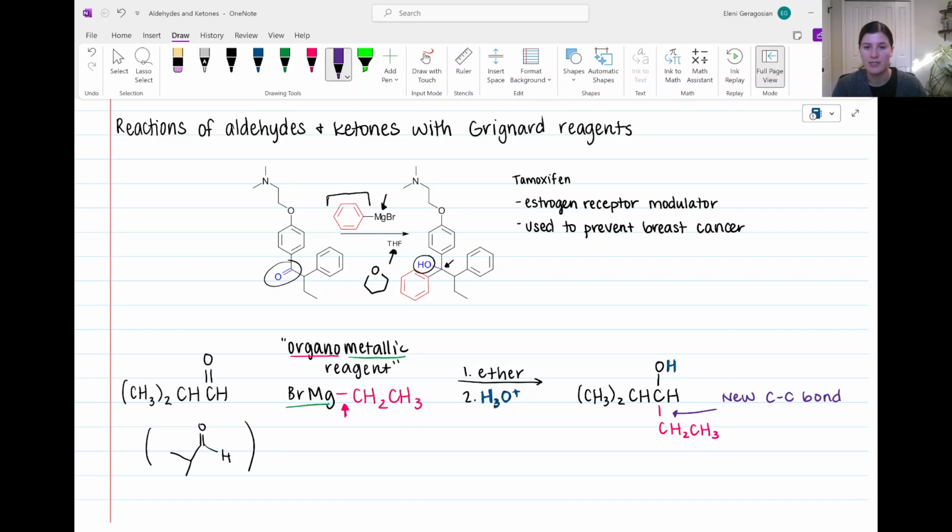So using these organometallic reagents allows chemists to create a new carbon-to-carbon bond, which is extremely useful. So that's one new part of the molecule. And then the other new part is forming this alcohol. And with forming the alcohol, creating that new carbon-to-carbon bond, the carbonyl carbon is reduced. Just like our reducing reagents.